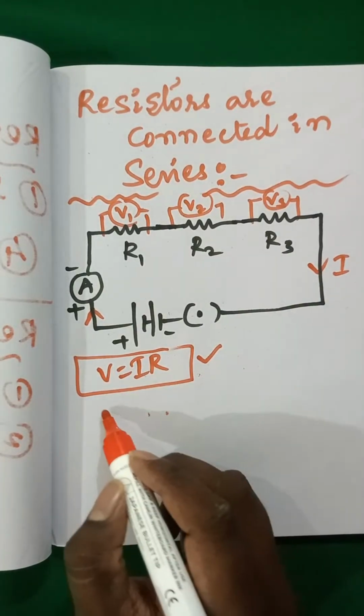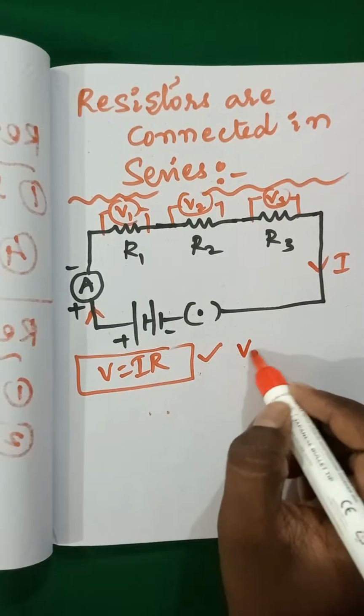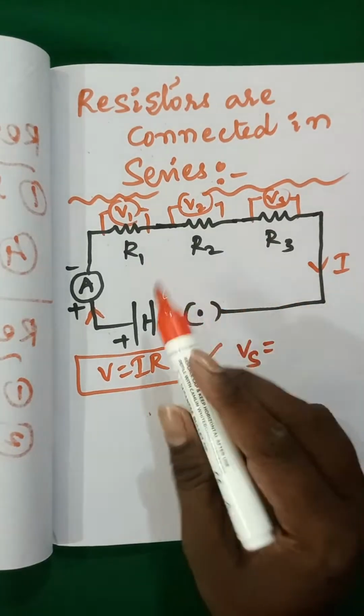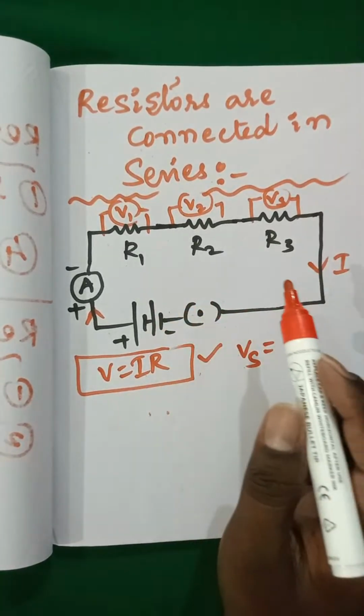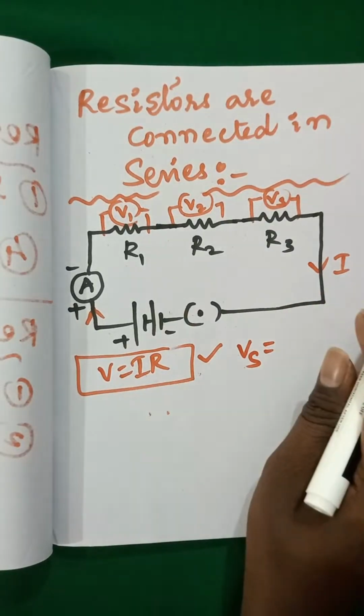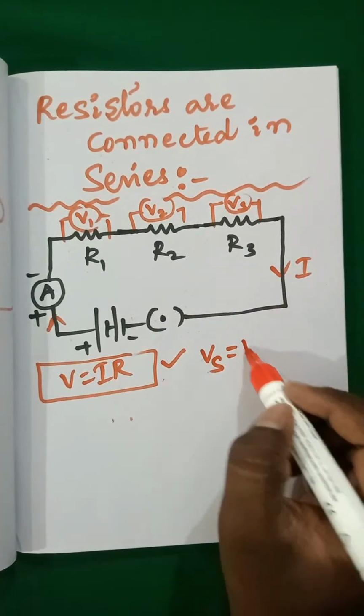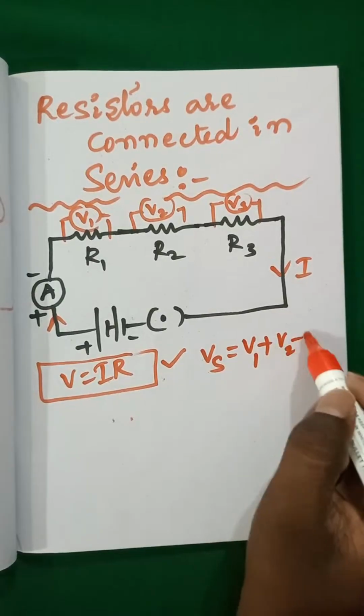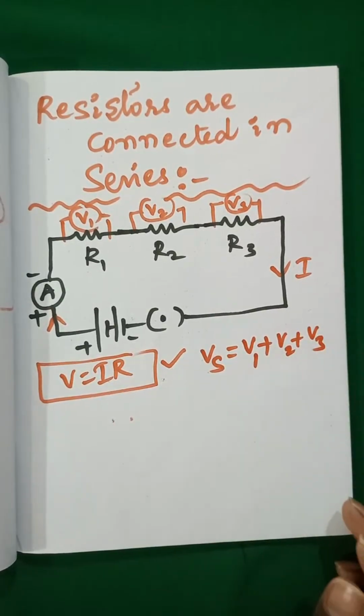So the potential difference across the circuit is Vs equal to V1 plus V2 plus V3. Clear?